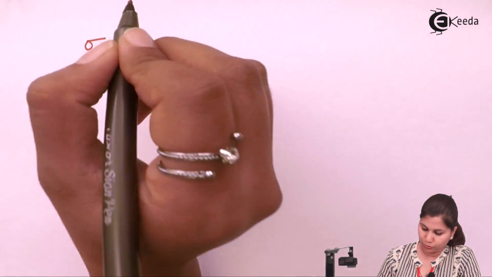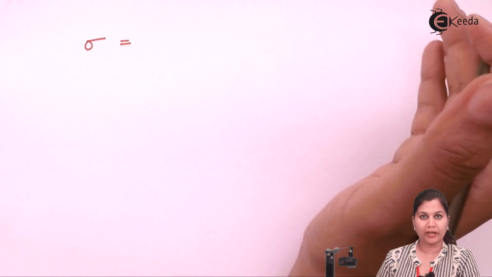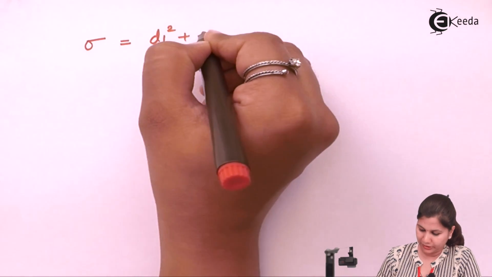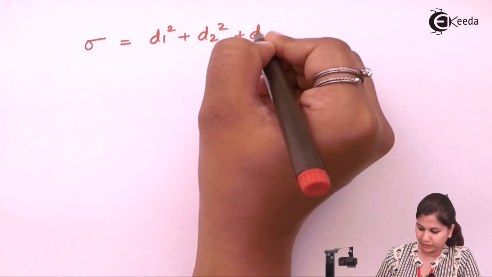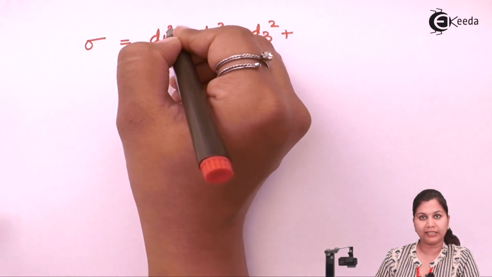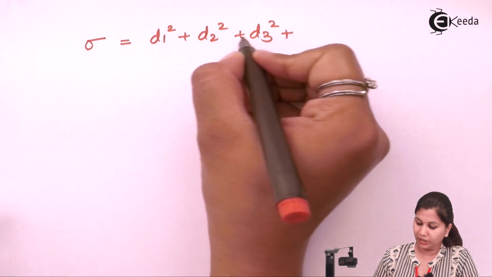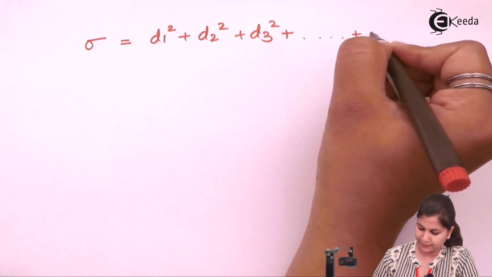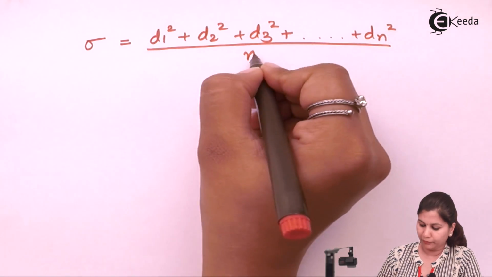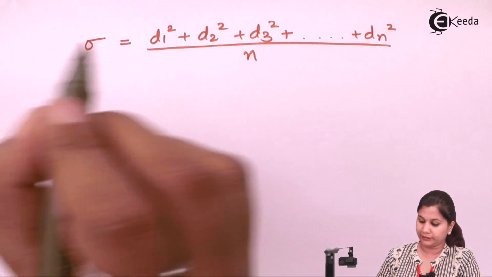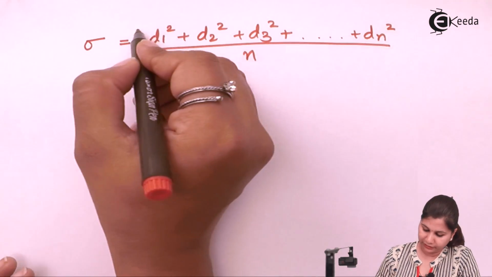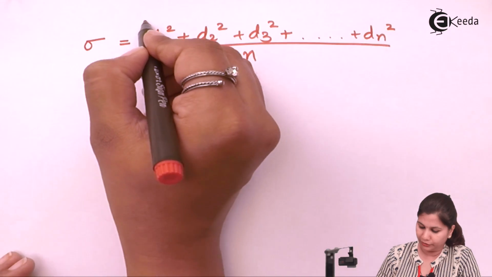First we take the square of all the deviations, so it will be d1 square plus d2 square plus d3 square. For every reading we calculate the deviation and take the square of it, then add all these and divide by the total number of readings. That is called the mean of the squared deviations. After that we have to take the square root.